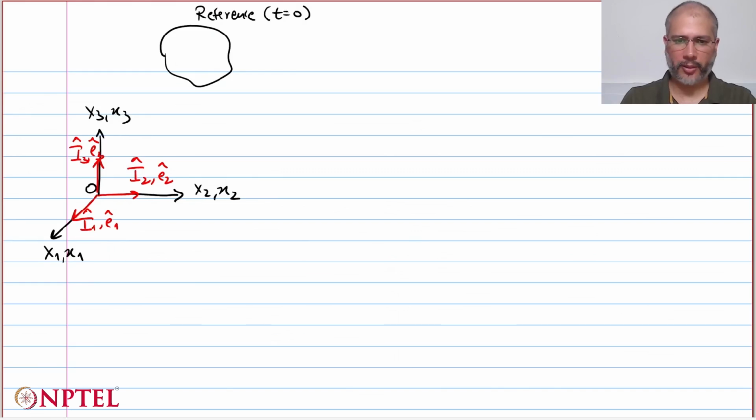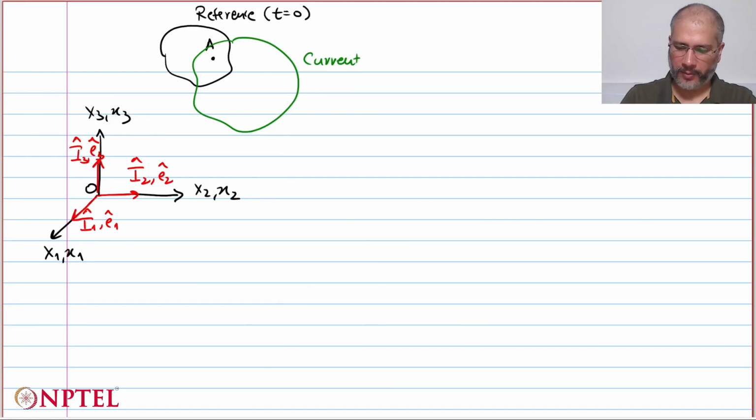So that is also the initial configuration. And we have a point A, and then later the body moves to a new configuration, that's the current configuration or the deformed configuration. So let's call it the configuration at t equals t1, that is some later time.